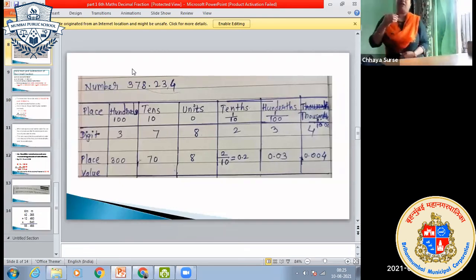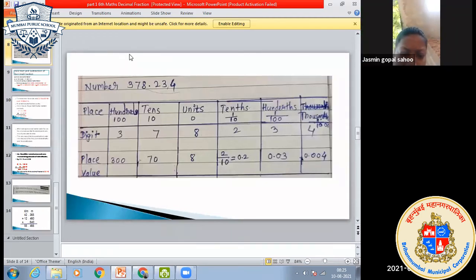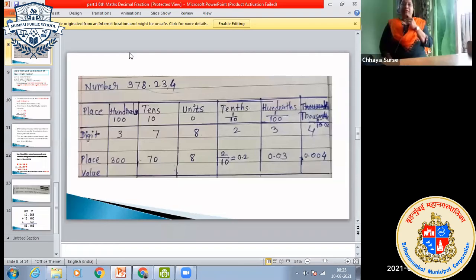Now you will give the answers. 3's place value, 300. 3 is on which place? 300. 7 is on which place? 7's place value, 70. 8's place value, 8.